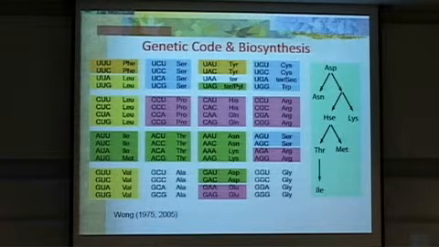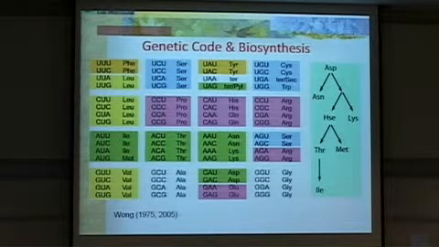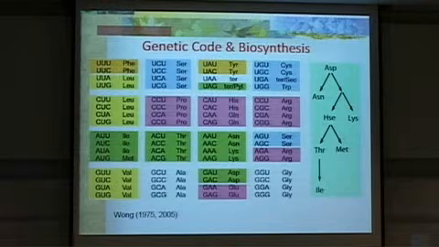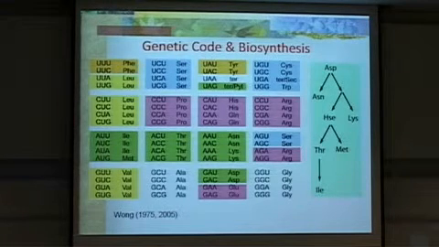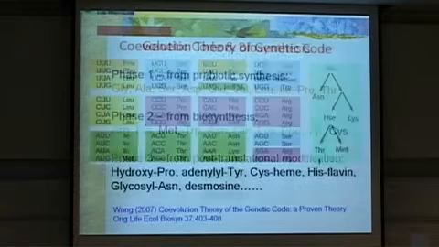It's also derived from serine, and it is given the codon UGA, sharing it with termination. So these are sister amino acids derived from serine. So this is a historical code, because of the biosynthesis bringing in new amino acids and causing a subdivision of the code.